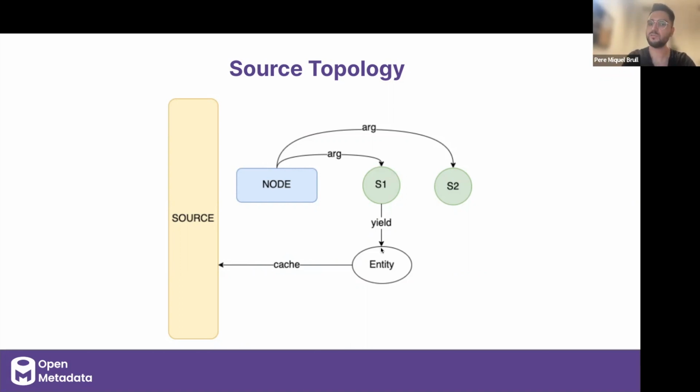And also what is interesting to notice is that once we have processed each of the elements that get yielded in every stage, we are caching that. So the source has a complete hierarchical view of in which step we are.